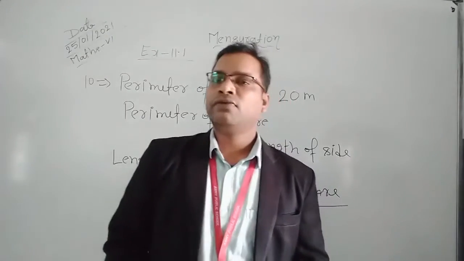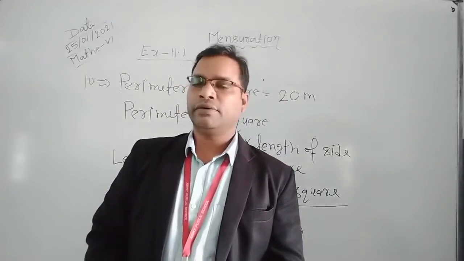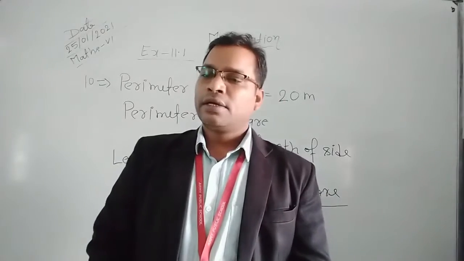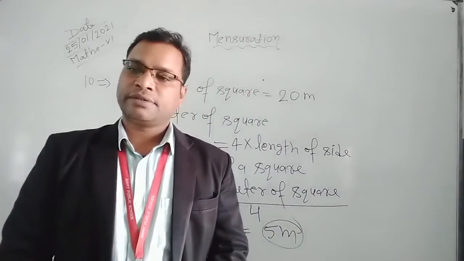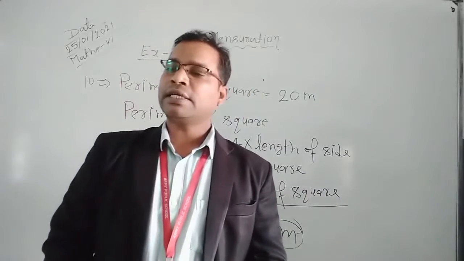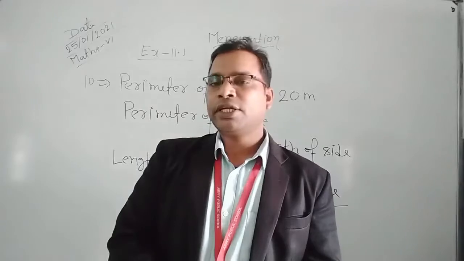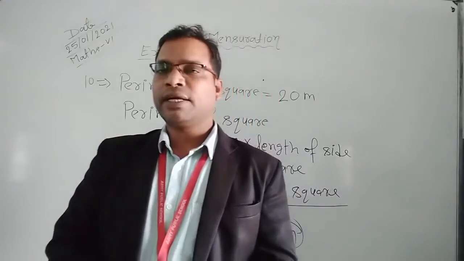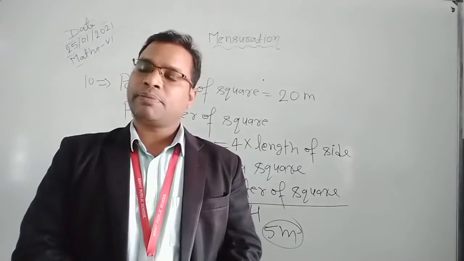Now we are going to discuss next question. Question number 11. Question number 11 is, the perimeter of regular pentagon is 100 centimeter. How long is its side? The perimeter of the regular pentagon is given 100 centimeter, and we need to find the length of side of the regular pentagon.